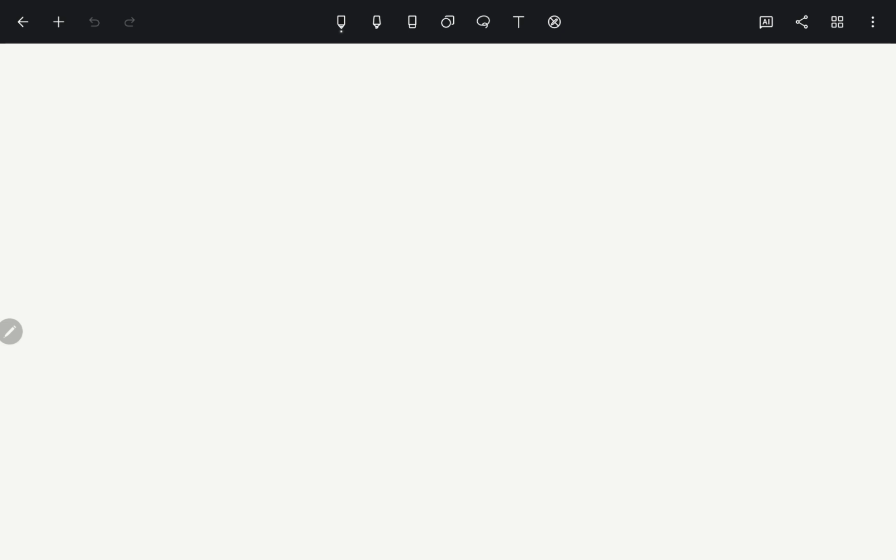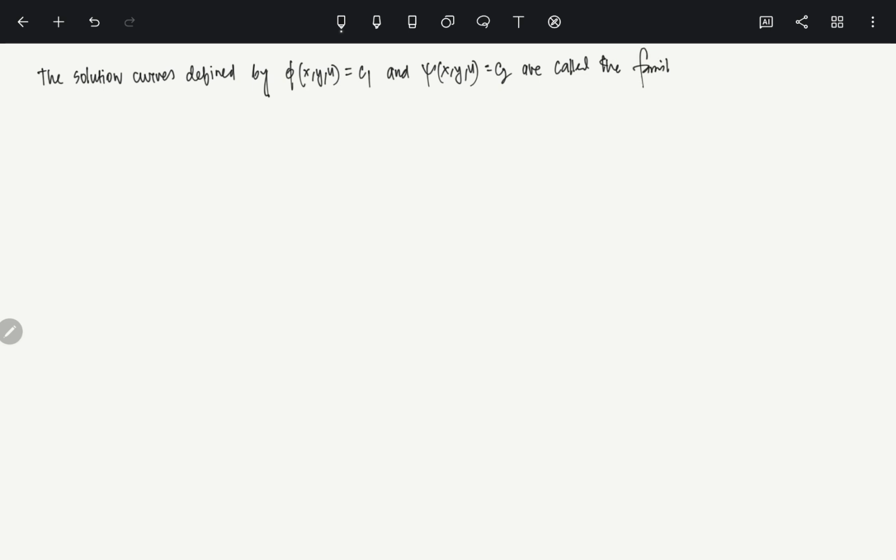So basically the solution, okay, before that let me just write it down. The solution curves defined by phi of x, y, u equals c1 and psi of x, y, u equals c2 are called the family of characteristic curves of this equation star.